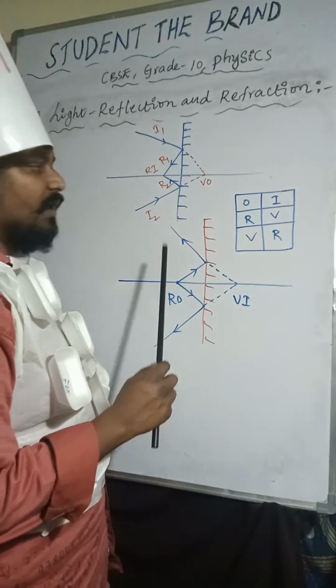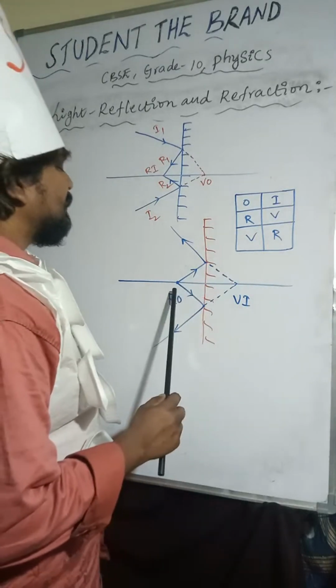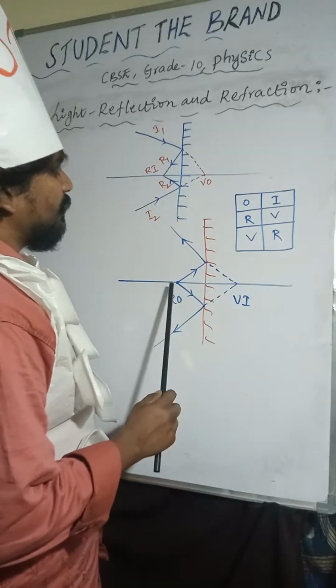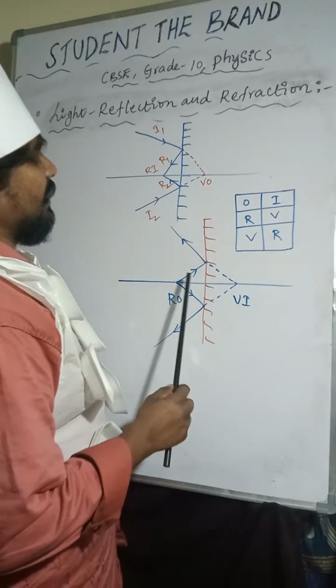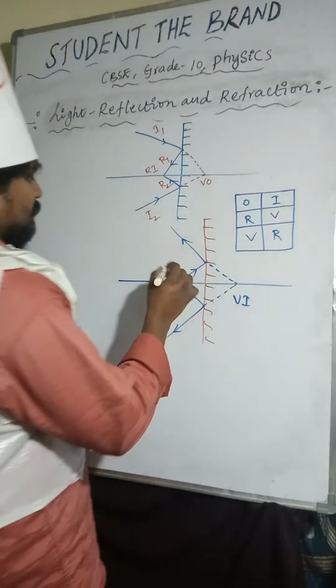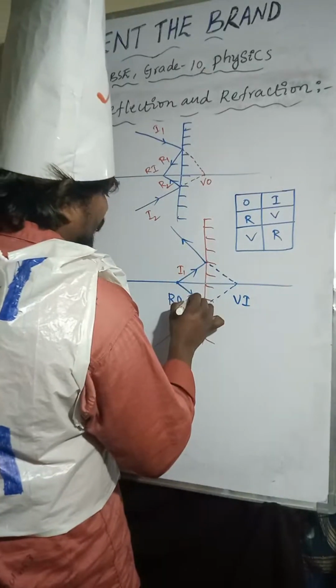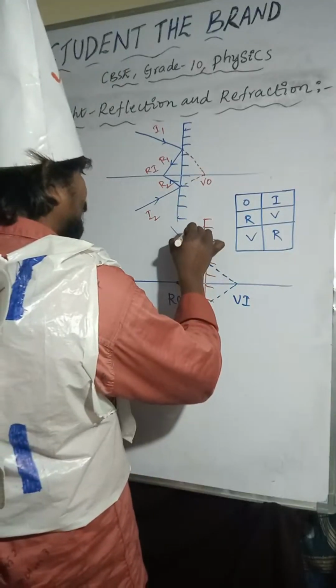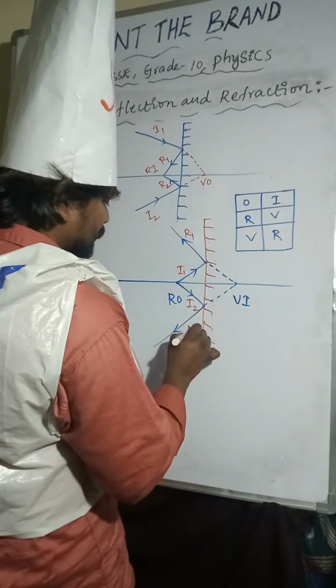And here you can observe, from this point light rays are coming. So this is a real object. These are the incident light rays, I1 and I2, and this is R1 and this one is R2.